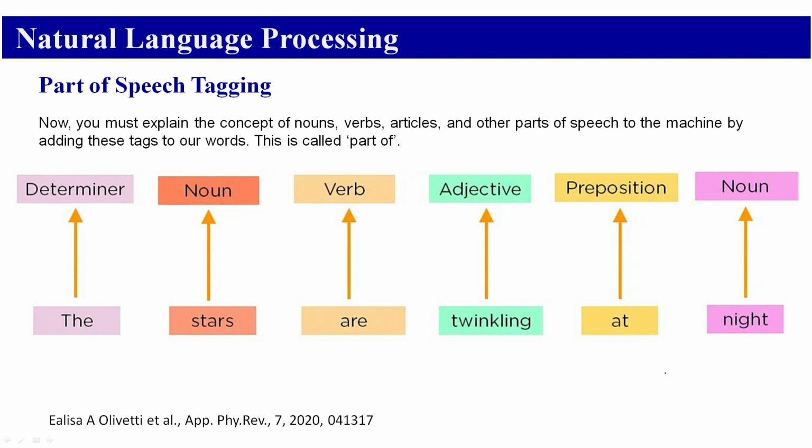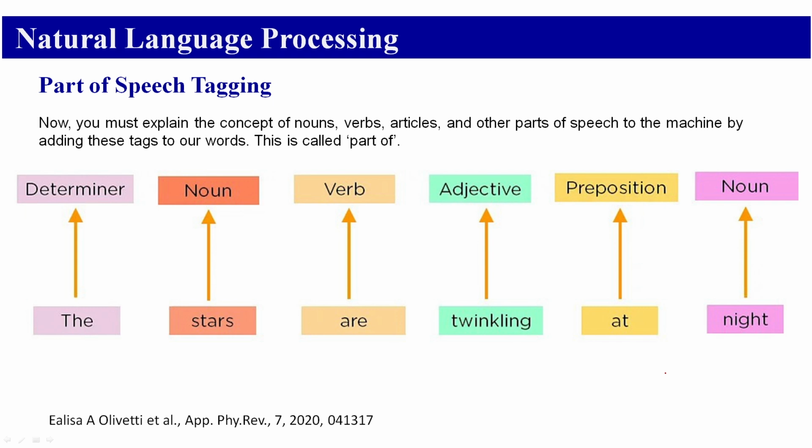The adjective is "twinkling", preposition is "at", now again night is noun, right. So, you must explain the concept of these nouns, verbs, articles, other parts of speech to the machine by adding these tags to the words. They are called part of speech tags, right, we call it.